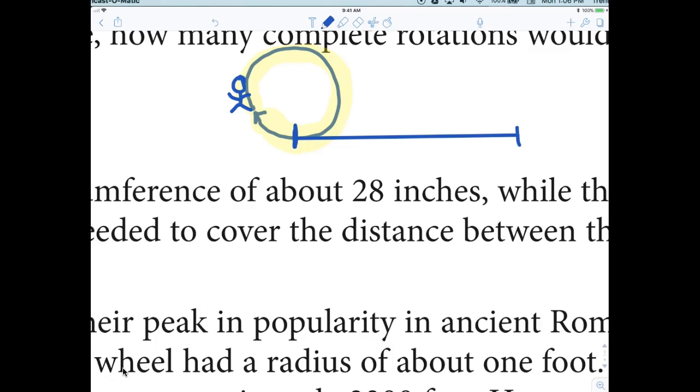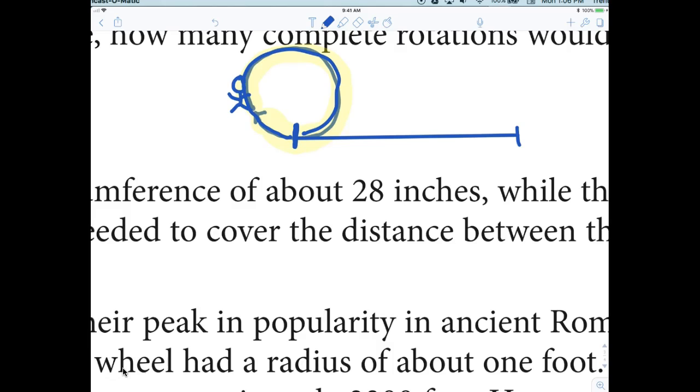It is the circumference. If I were to cut it right here and lay it out flat, that's the circumference. Is everybody hearing me? And that rotation is what they're asking you about.